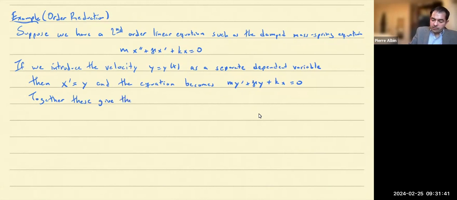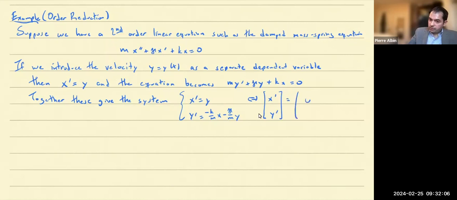Together, these give us the system x prime equals y, and y prime equals minus k over m x minus gamma over m y, right, which we can write using vector matrix multiplication as the vector x prime, y prime equals the product of the matrix with first column 0, minus k over m, and second column 1, minus gamma over m, times the vector with entries x, y.